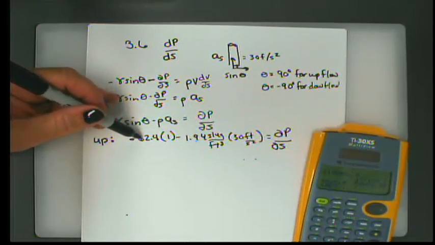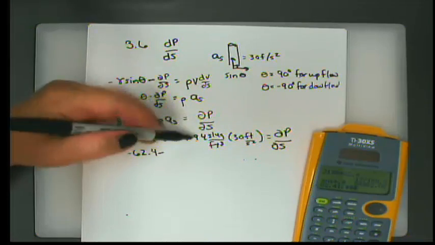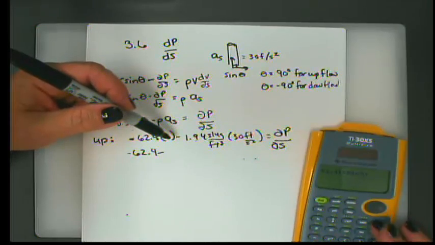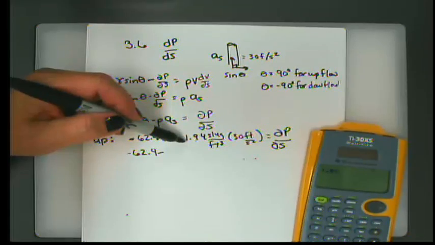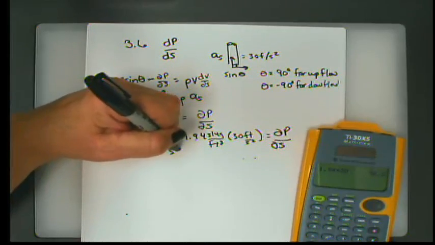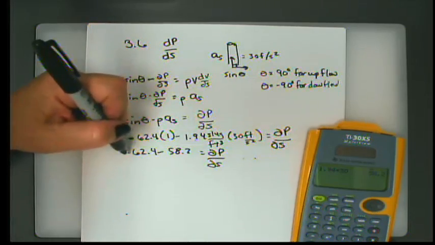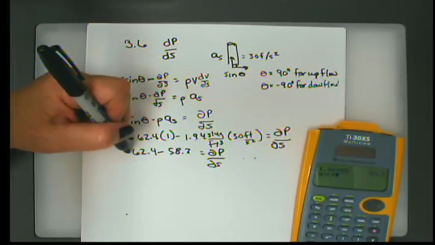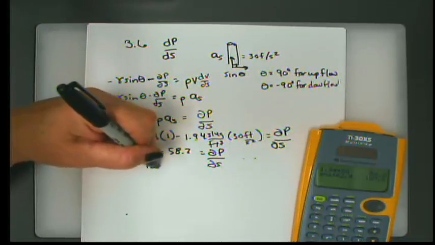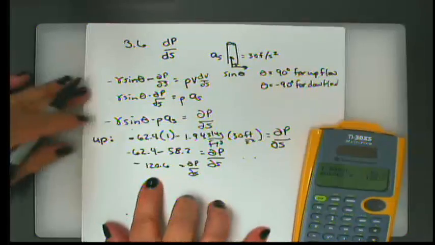So if I take 62.4 times 1, minus 1.94 times 30, and we can resolve the units on that as well. 1.94 times 30 is 58.2, and those two together are going to be dP/dS. So my number then is negative 62.4 negative 58.2, which is negative 120.6 equals dP/dS. Now, the good news is we have almost all of our work done.